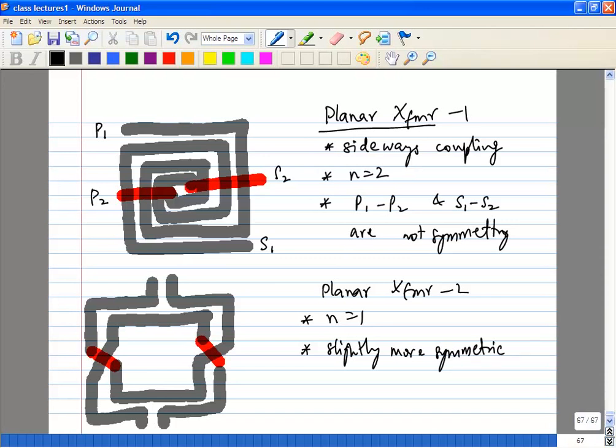Now, one thing you should know: since you are relying on sideways coupling between the adjacent metal lines, the coefficient of coupling K has a certain maximum you can get, because you are relying on the thickness of the metal.